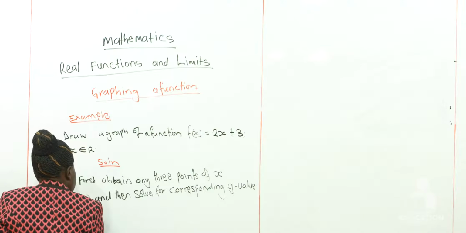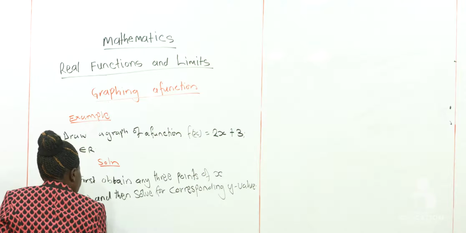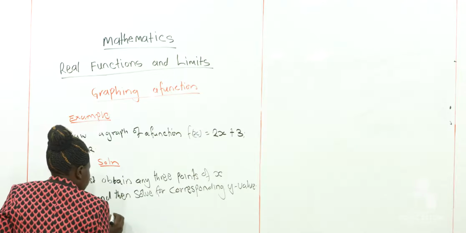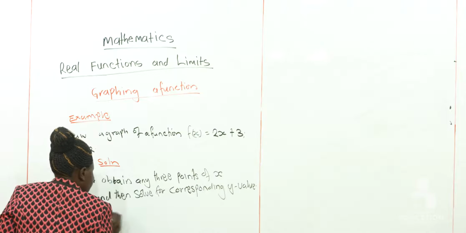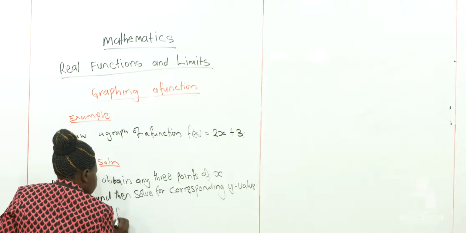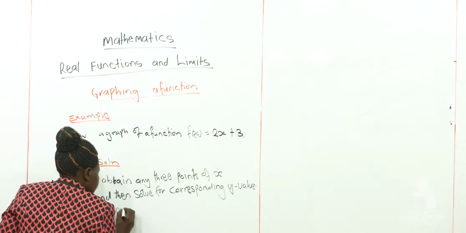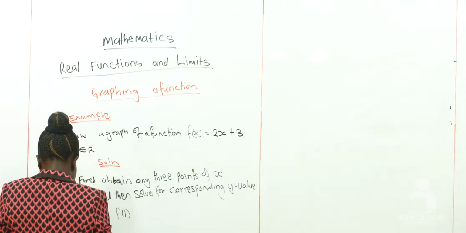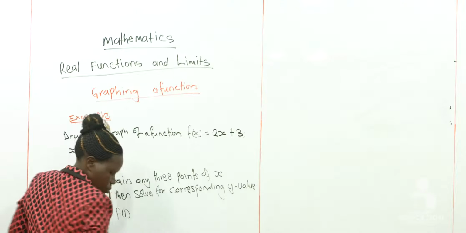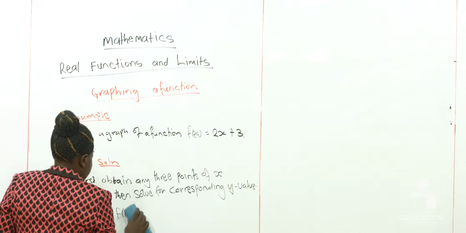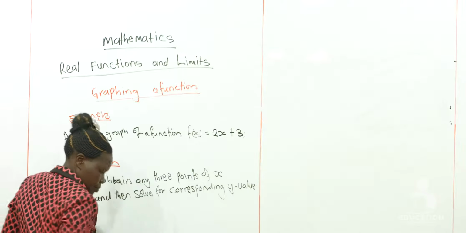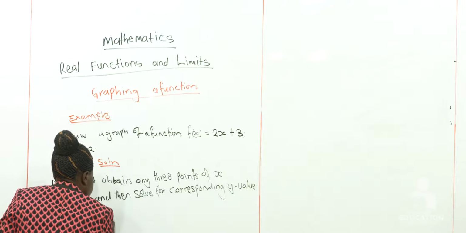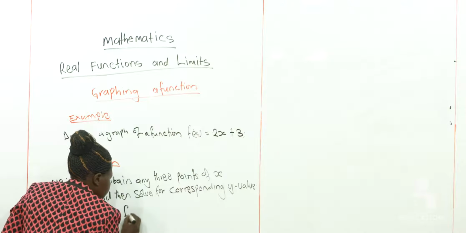Therefore, let us take x to be 0, and then x to be 1, and then x to be 3.